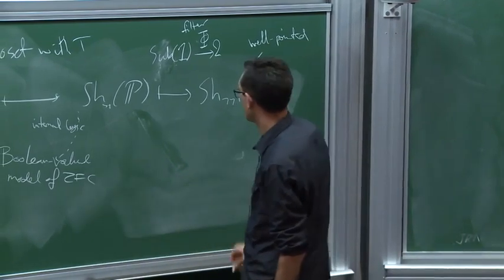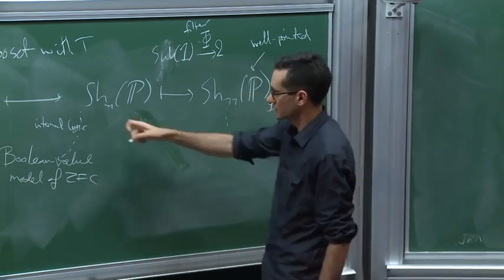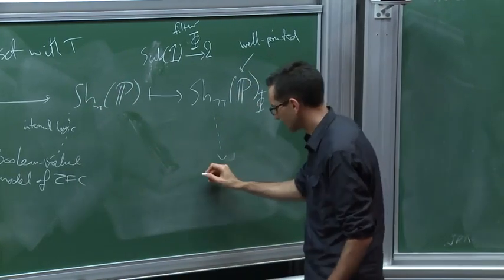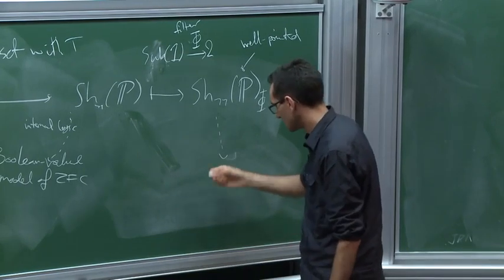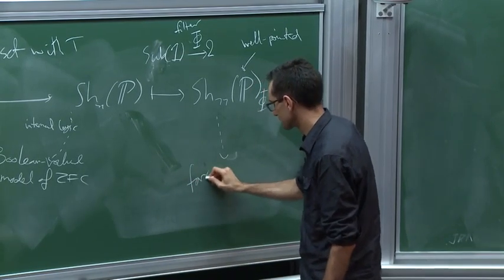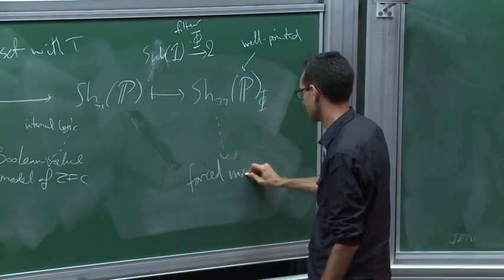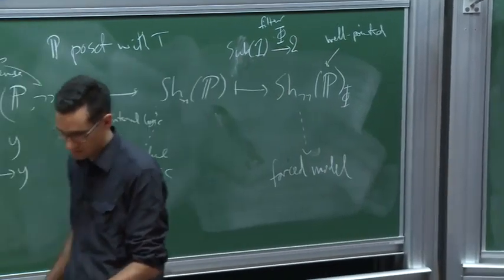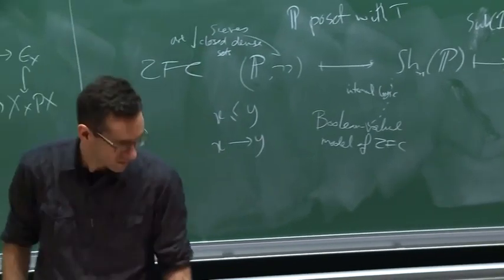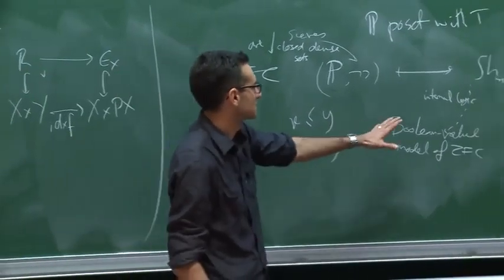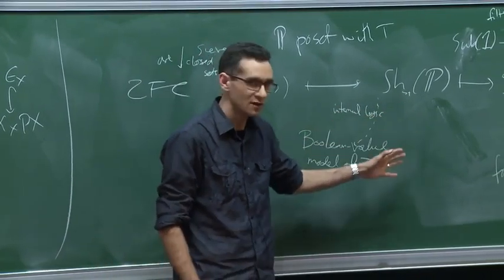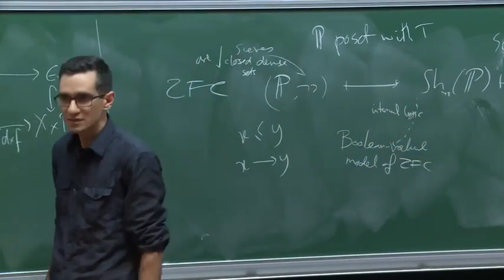And then you perform this construction again, and then you get the forced model. So set theorists will sort of flick back and forwards between these two viewpoints as convenient. Now the thing is, these dotted lines, this is a rather delicate and complicated construction involving transfinite, well-ordered, rooted trees.